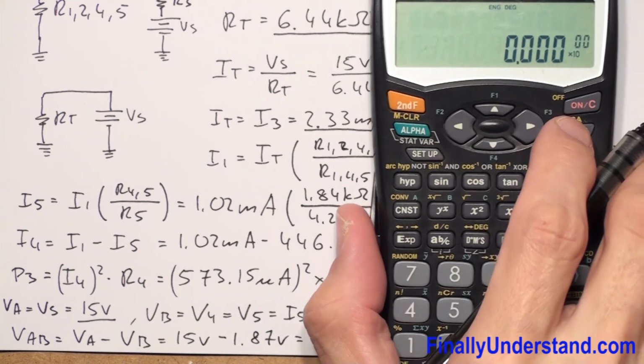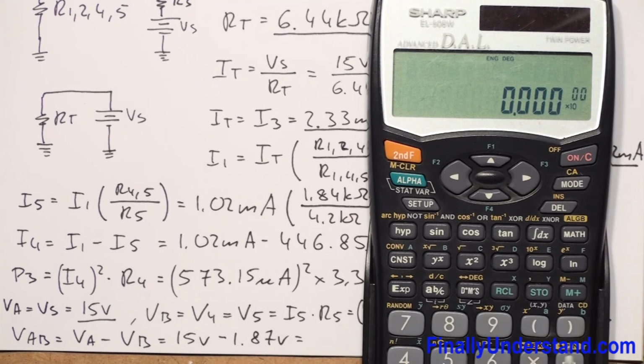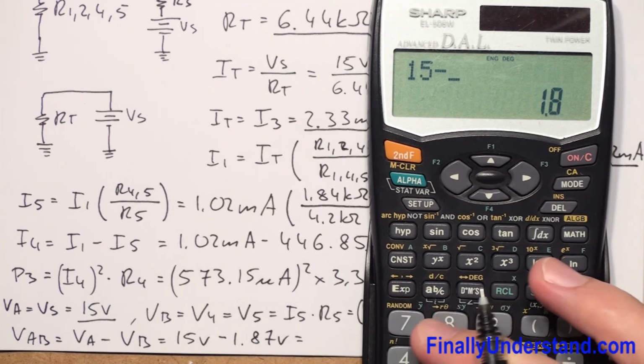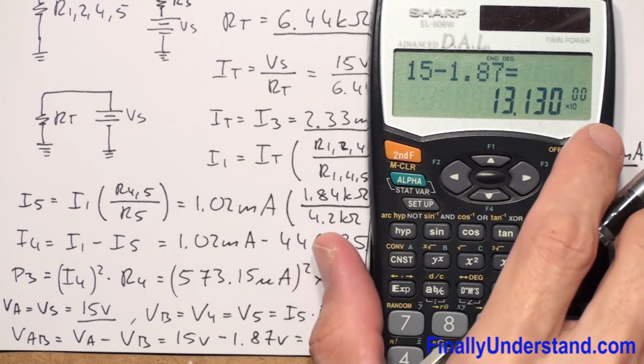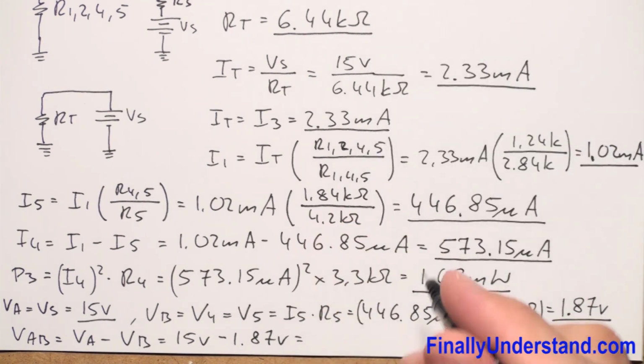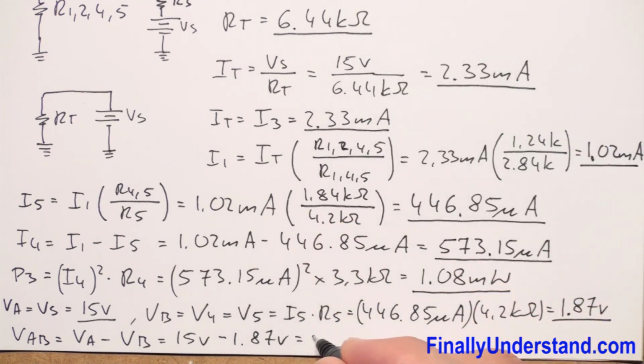So I have 15 minus 1.87 volts. This is equal to 13.13 volts. Okay, so this is my voltage VAB.